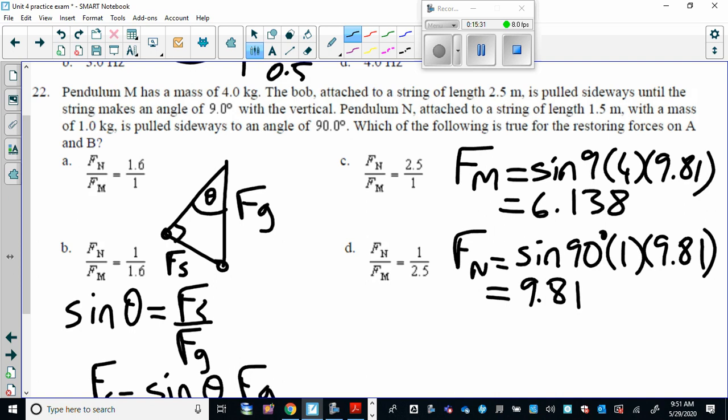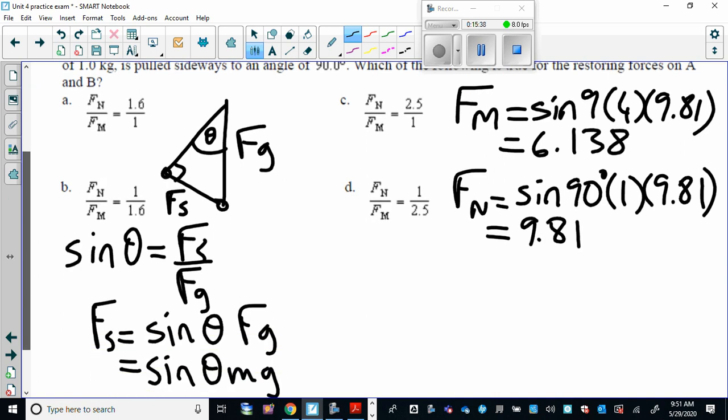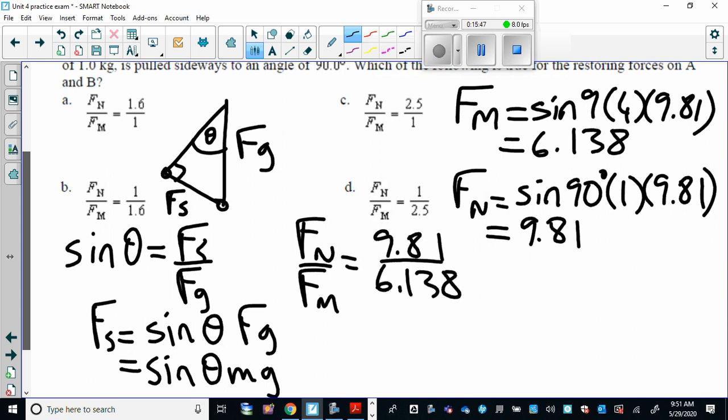Then we want the ratio of N over M. Make sure you look at the answers: they have N over the top and M on the bottom. So Fn over Fm is 9.81 divided by 6.138, which is 1.59, so 1.6.